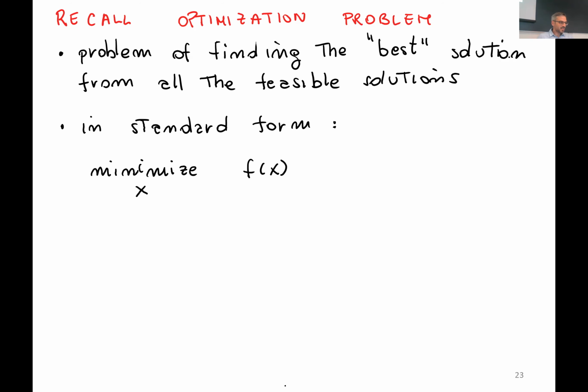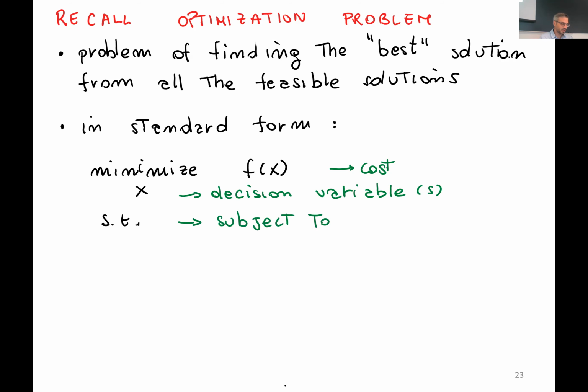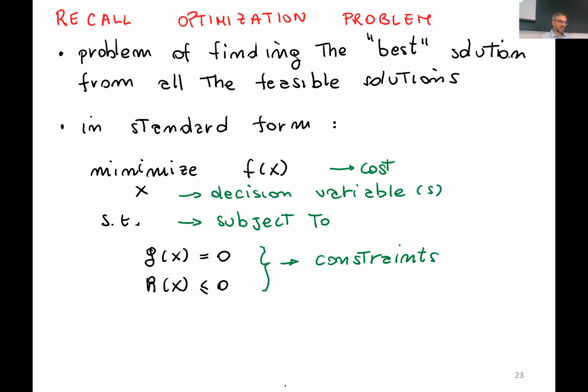In general, in standard form, we want to minimize a cost function f(x), function of a vector of decision variables, subject to, in case we have a constrained optimization, some constraints. These are equalities, inequalities.